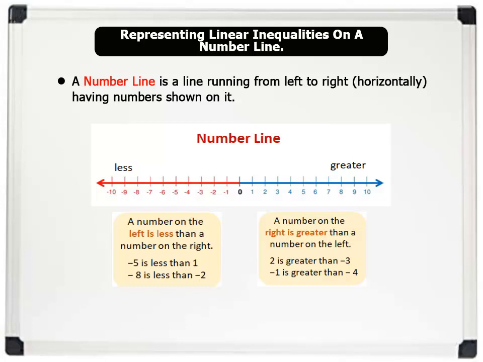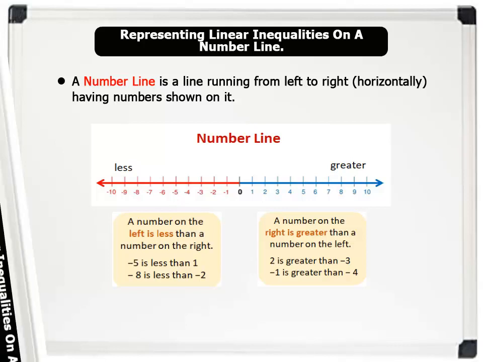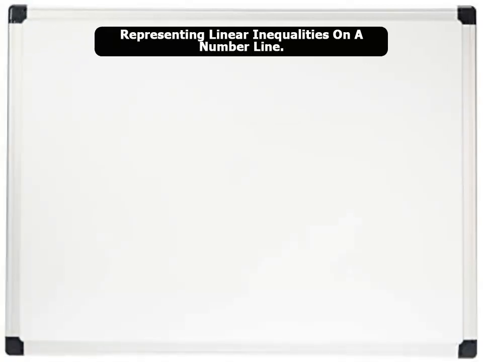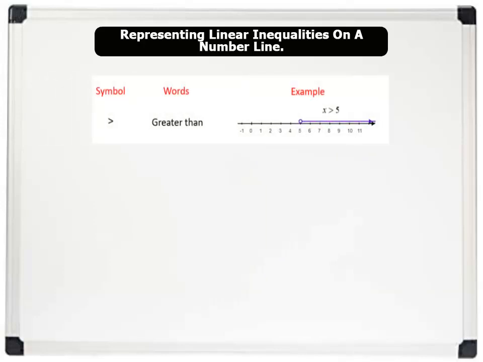Let us see further examples of representing linear inequalities on a number line. Example 1. Let's represent x is greater than 5 on the number line. This means that x is greater than all the numbers greater than 5 except 5.